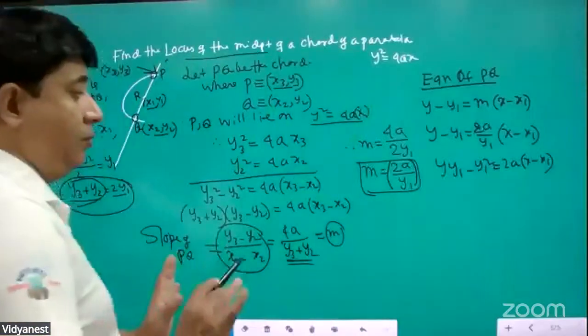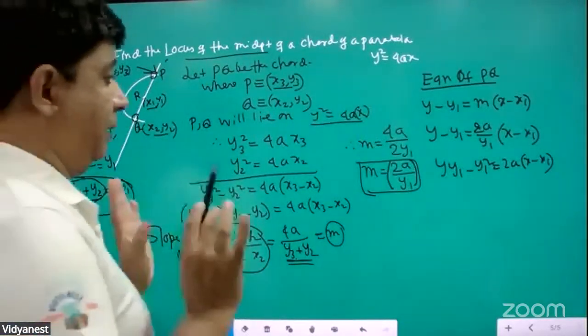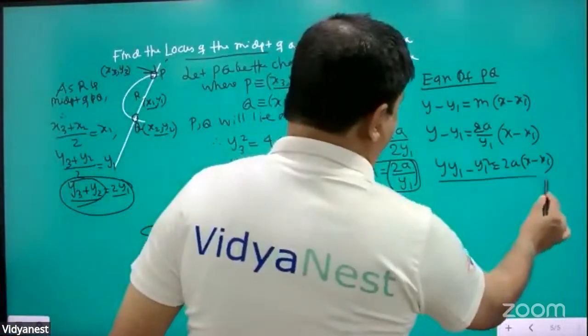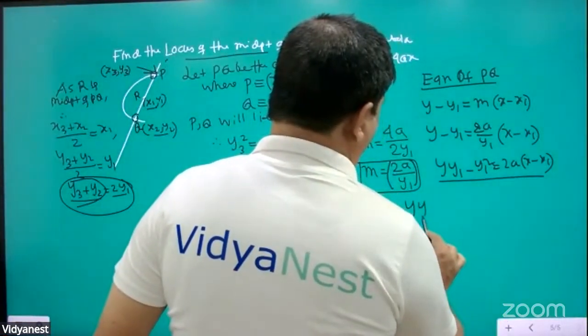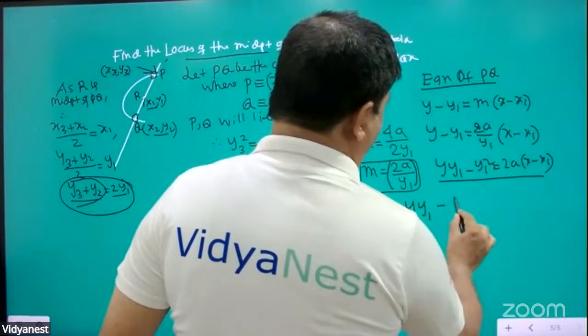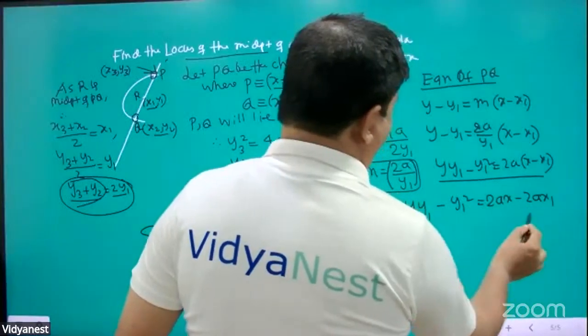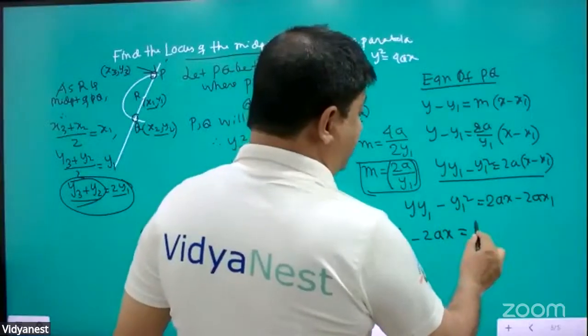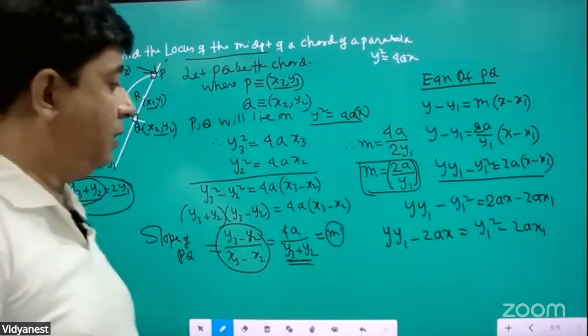See, now we'll get that idea. We could reach up to this stage. y1, you open it: 2ax minus 2ax1. Bring 2ax to the left hand side and shift y1 square to the right hand side.